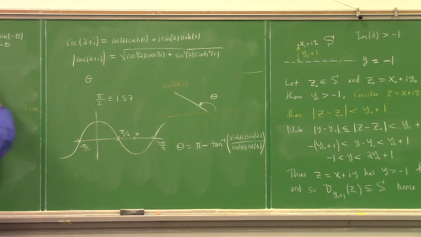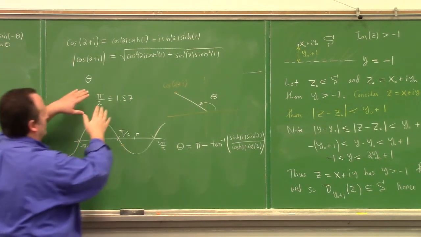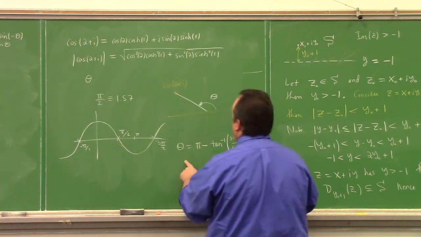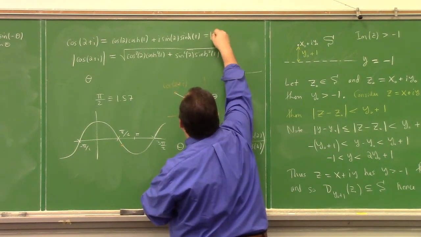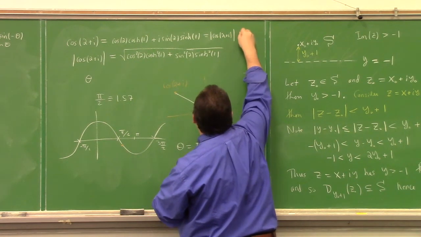So by the way, just to emphasize here, the polar form would be the modulus times cosine theta plus i sine theta, which is the modulus times e to the i theta.